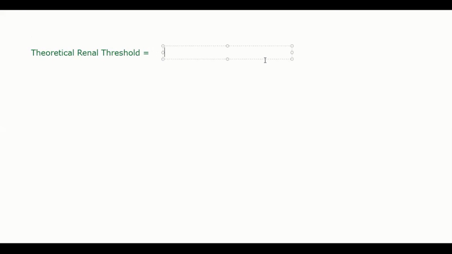We have our theoretical maximum amount of glucose that we can move across, which is 300 milligrams per deciliter. We want to make sure that we are always working in the same units, and we have our glomerular filtration rate in milliliters per minute. So we have to do a conversion.